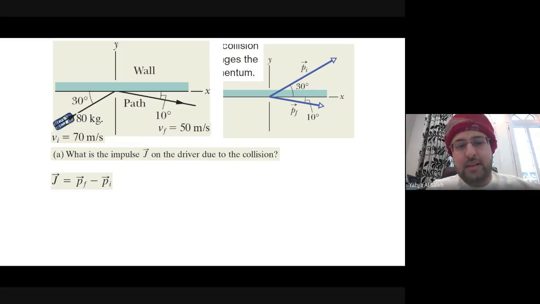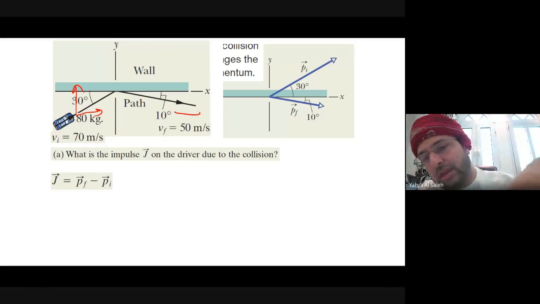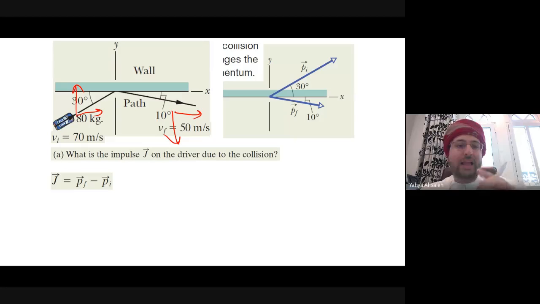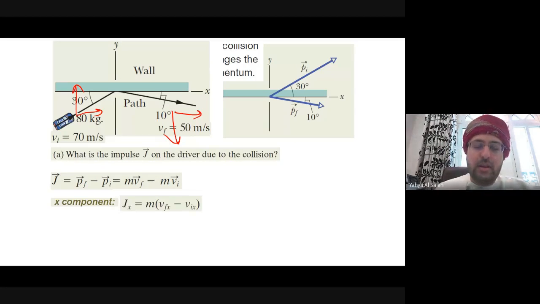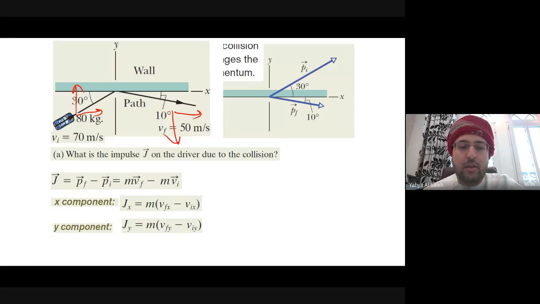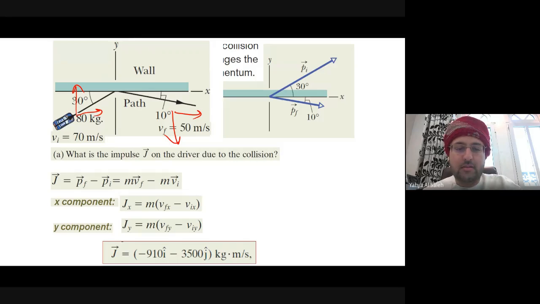So initially we had this, and then later we had this and this. So the y-axis flipped, but the x-axis is still in the same direction. The x component, we'll do them separately. We'll do the Vx final minus Vx initial and Vy final minus Vy initial separately.